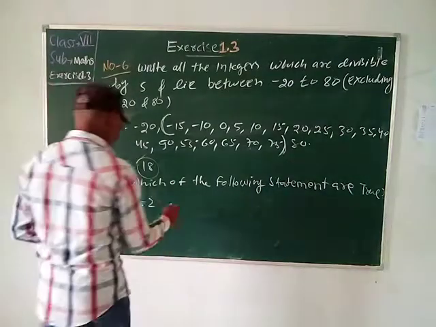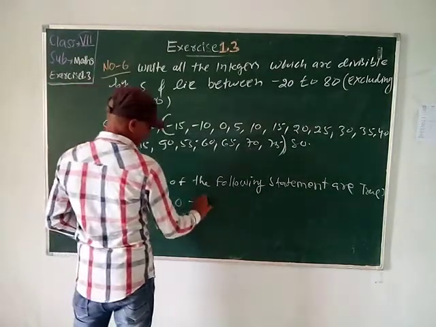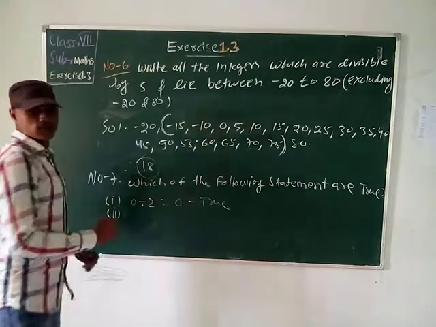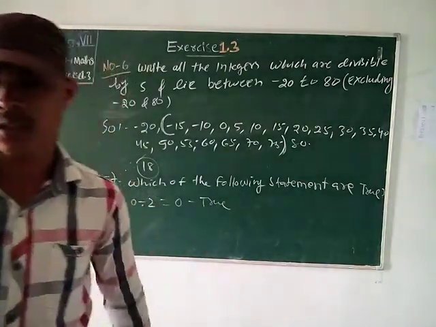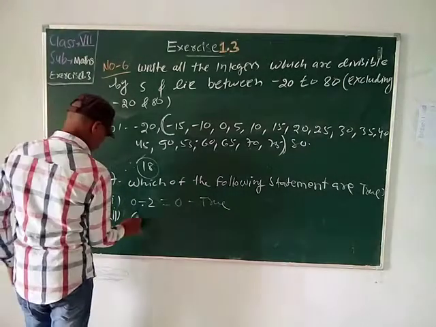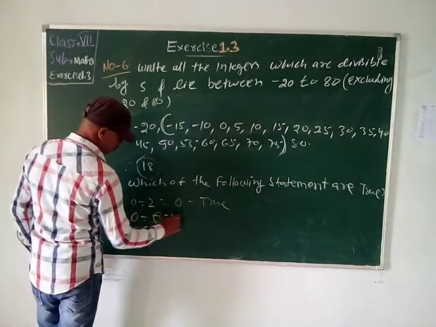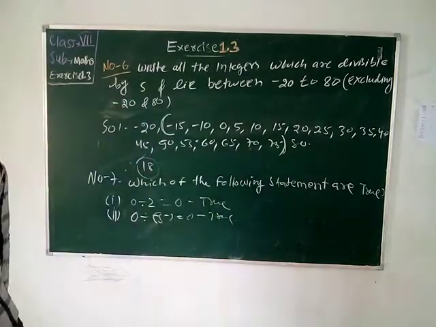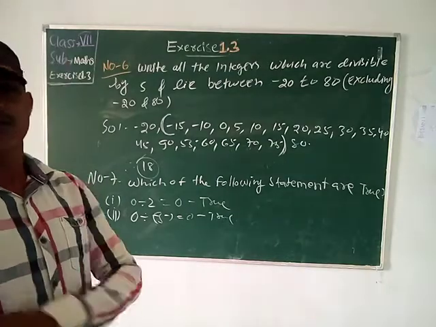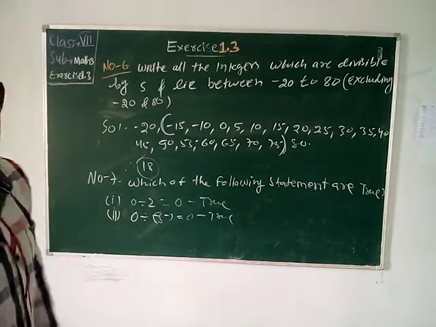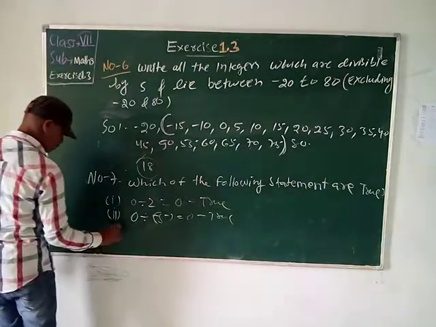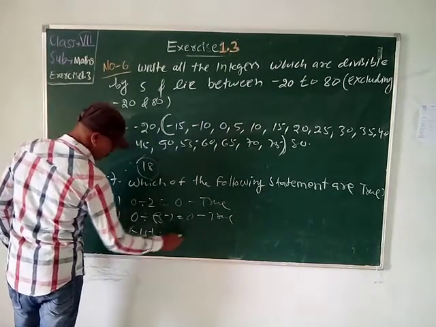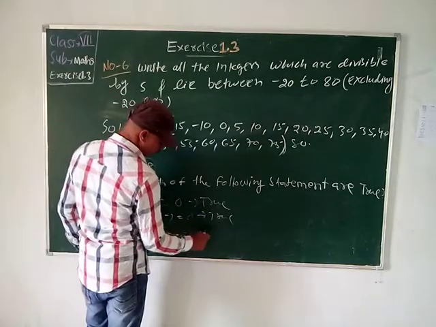That means when 0 is divided by a number, it equals 0, so it is true. Now the second bit is 0 divided by minus 5, also 0. If we divide 0 by any number, it should be 0. That's why it is true. Then the third bit, 0 divided by minus 15, also 0. This one is also true.